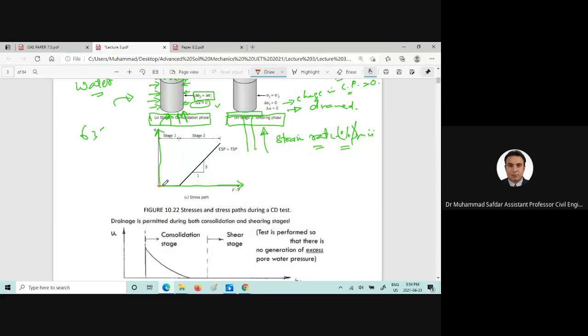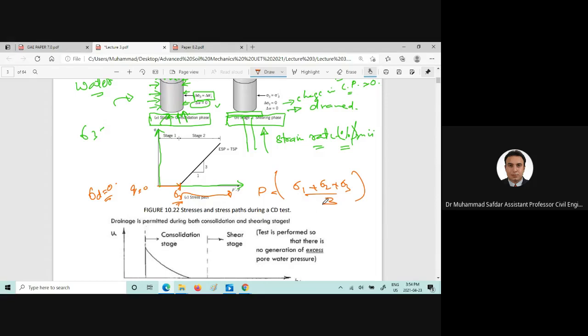For example, this is stage 1, which is the consolidation, which means that q is 0, or I would say sigma d is 0 in this case, and we are increasing sigma 3. That sigma 3 is related to the mean effective stress, which is sigma 1 plus sigma 2 plus sigma 3 divided by 3.